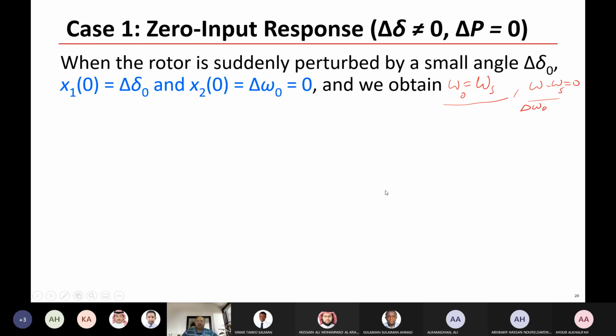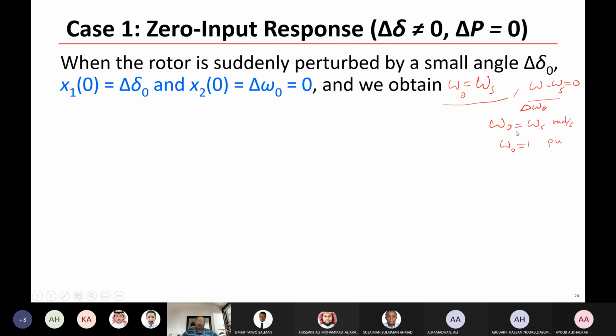So usually the initial speed omega 0, you can put it equal to omega s in radian per second. You can put it as 1 per unit, which means on the rated speed. So sometimes we express delta omega in per unit, not in radian.